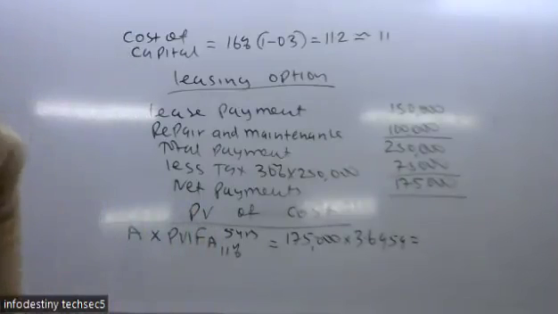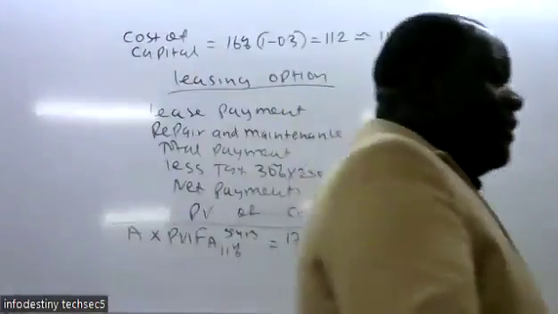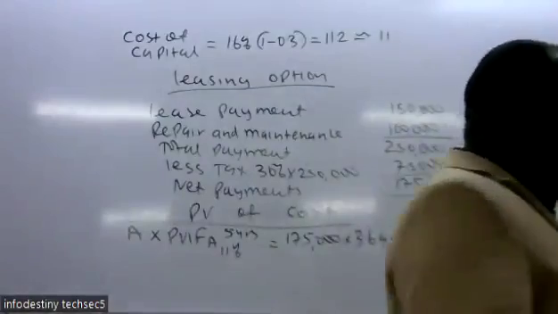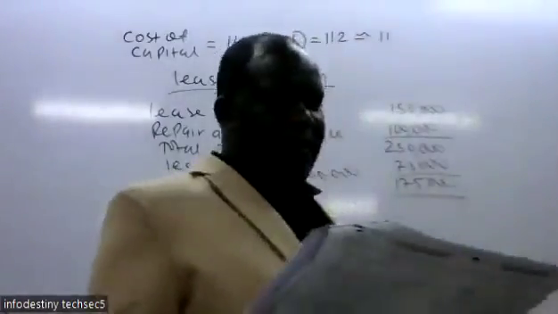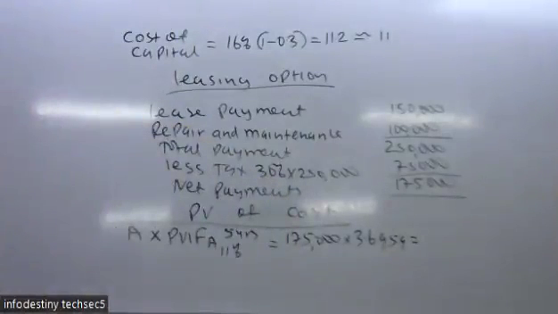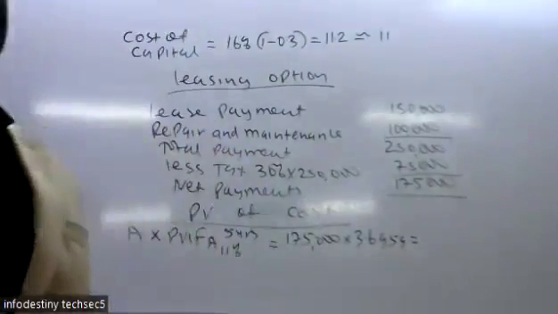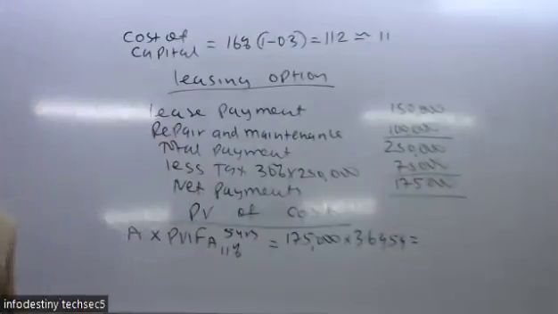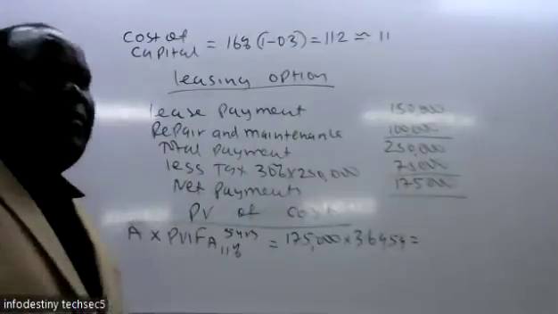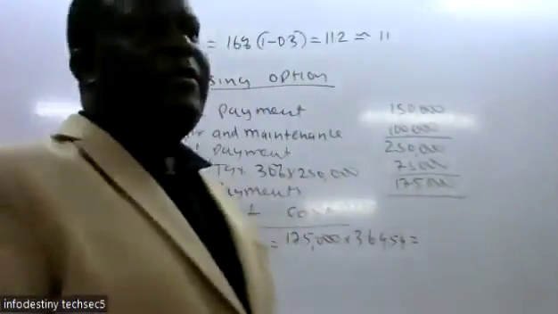Then apart from that, still check on the lease option. They also say that the firm can choose to exercise the option to buy the computer at how much? After 5 years. So at the end of year 5, you have been given an option to buy, which you must exercise because you have been using it.